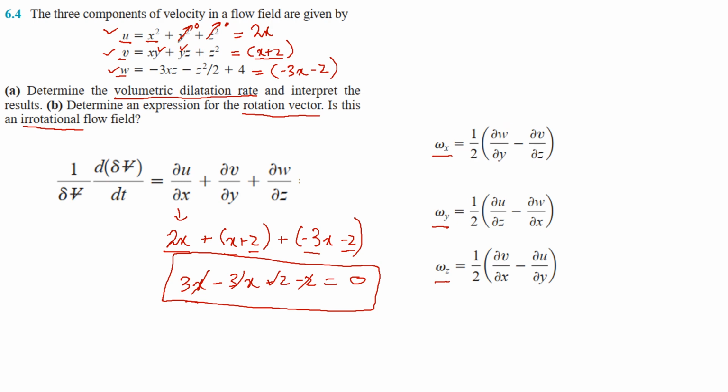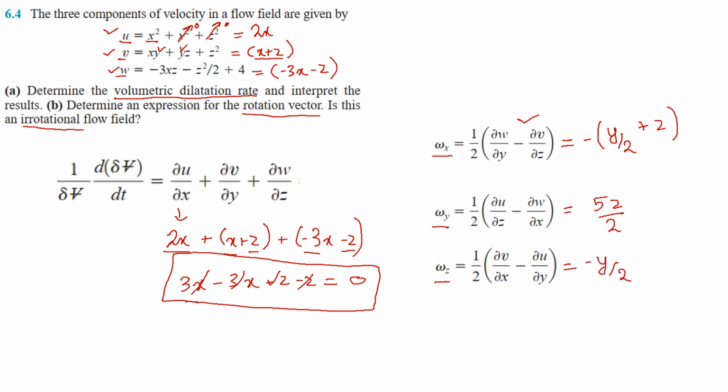So I will just write the equations. The partial derivative that we will get from this will be equal to y divided by 2 plus z, and this will come out to be 5z divided by 2, and this will come out to be minus y divided by 2.